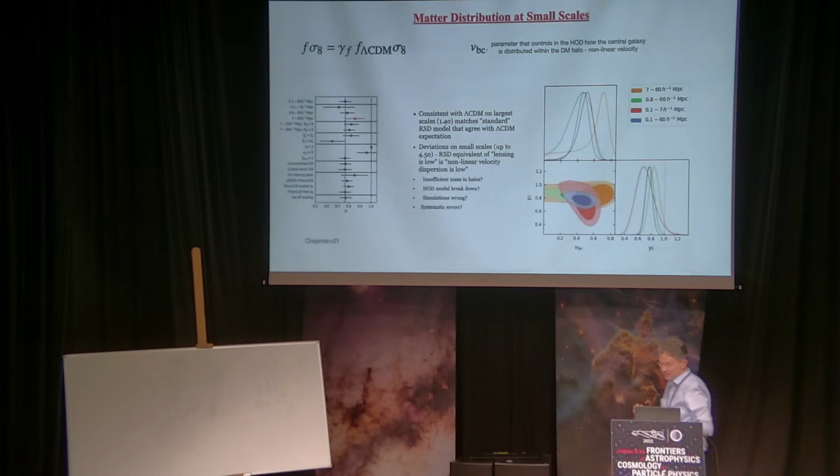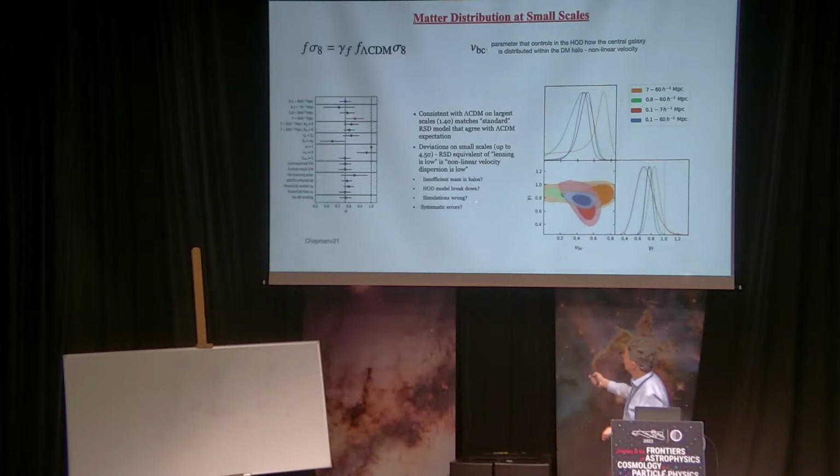So what is this hinting at? It's hinting at the following thing: if you are brave enough, you can say maybe it's a failure of my models in which I populate halos wrongly, right? Or maybe there is more mass in the halos to account for this misplacement.